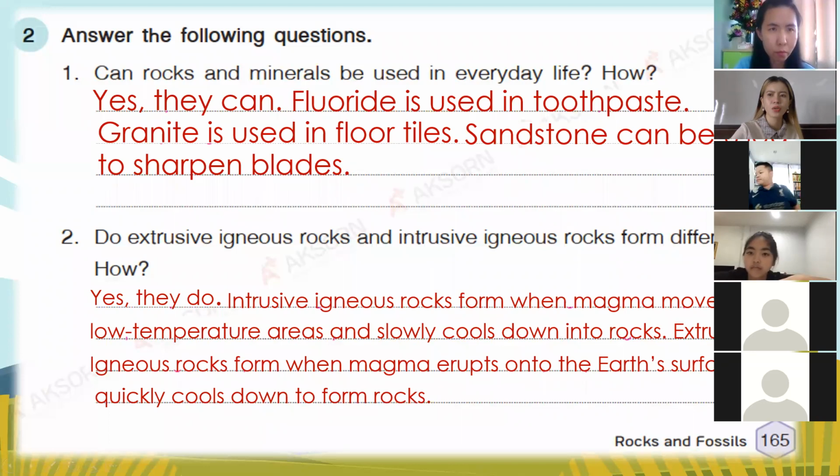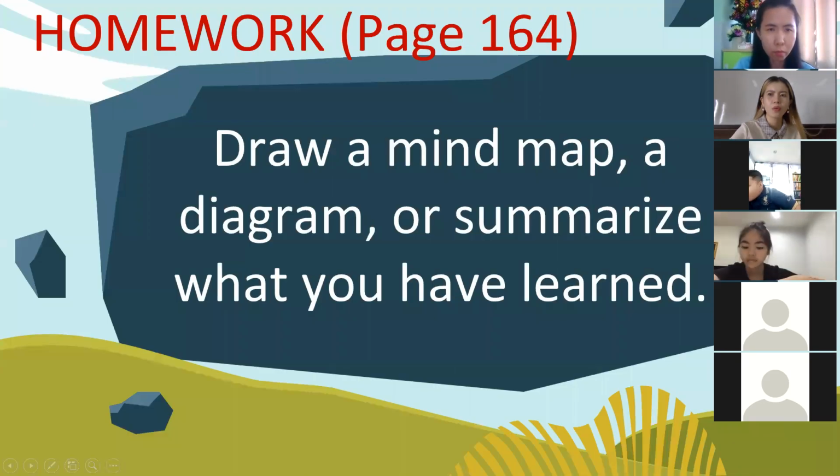Let's proceed to our homework. Okay, so for your homework, that is on page 164, you have to draw a mind map, a diagram, or summarize what you have learned. You can draw a rock cycle. You can draw the different examples of rocks.